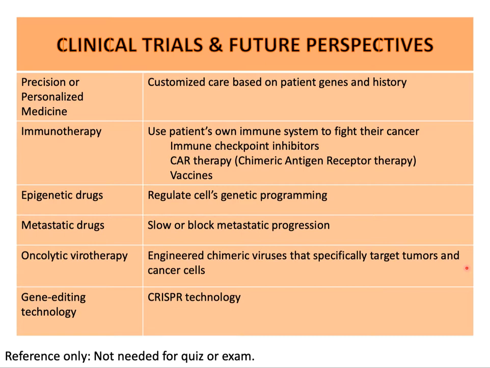The last one is the gene editing technology. For years, there has been substantial effort to replace the p53 or p16 in tumor cells. One of the challenges was developing a technique to deliver functional copies of p53 or p16 just to tumor cells without affecting cell cycle regulation in normal cells.